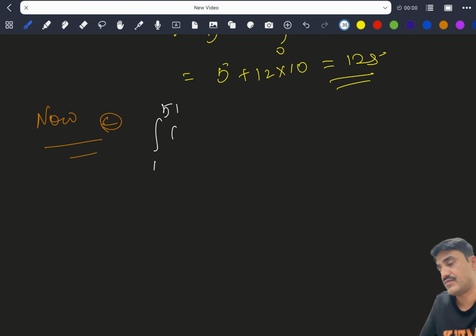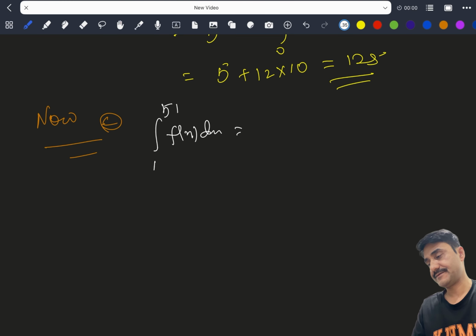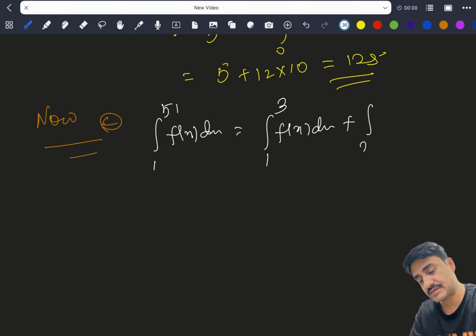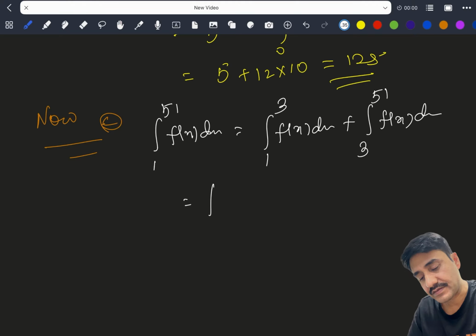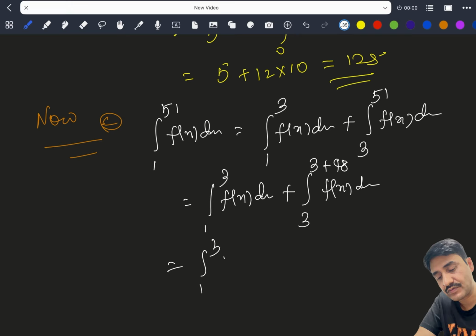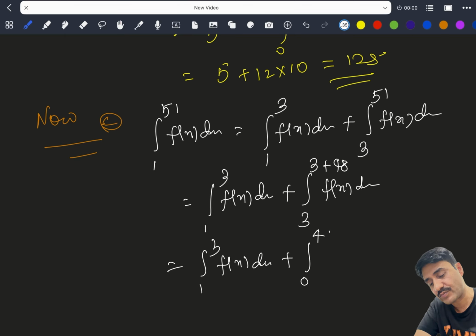This is 1 to 3 f(x) dx plus 3 to 51 f(x) dx, and this we can write as 3 to 3 plus 48. So 1 to 3 f(x) dx plus 0 to 48, we have used the previous properties.